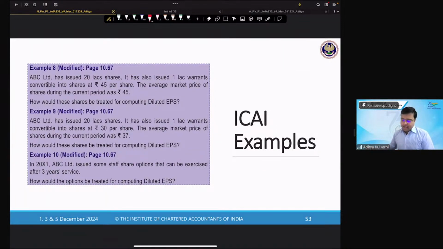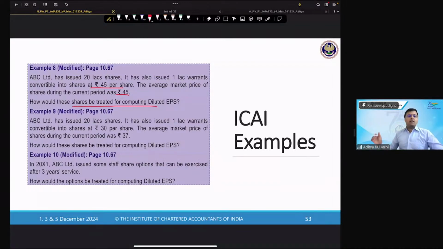ABC Limited has issued 20 lakh shares. It has also issued 1 lakh warrants convertible into shares at rupees 45 per share. The average market price of shares was rupees 45. How would these shares be treated for computing diluted EPS?